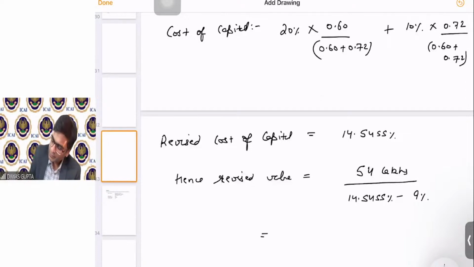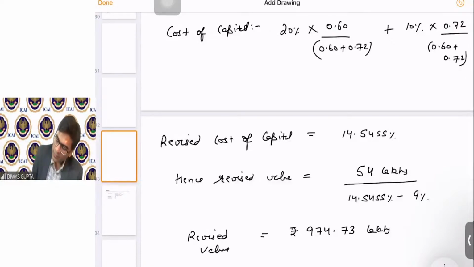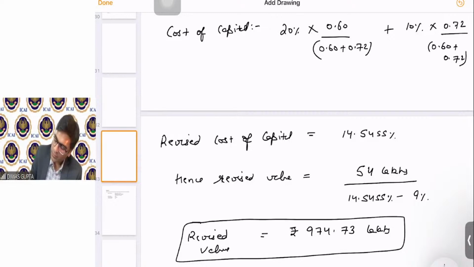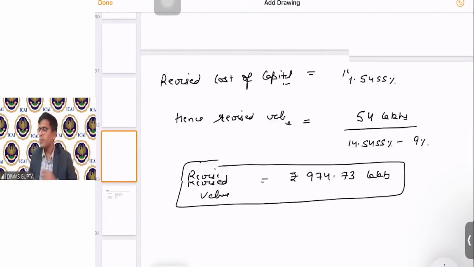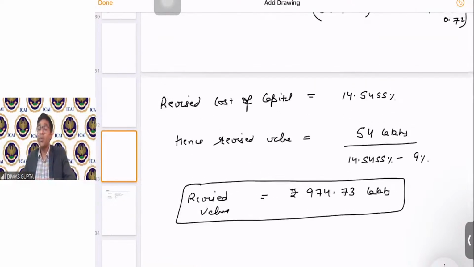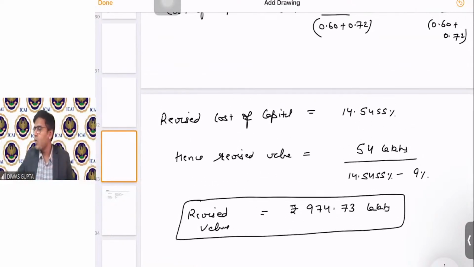So this becomes rupees 974.73 lakhs. This is the revised value. Understood? So from 1800, this has gone down to 974.73. A couple of questions. Shruti, yes, this is a very good question.